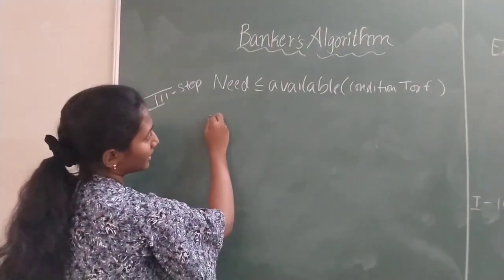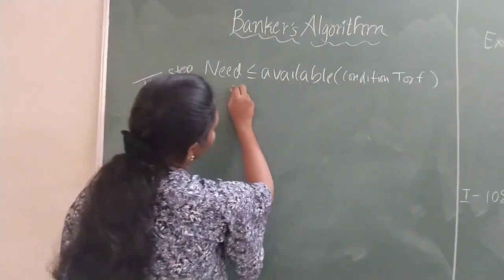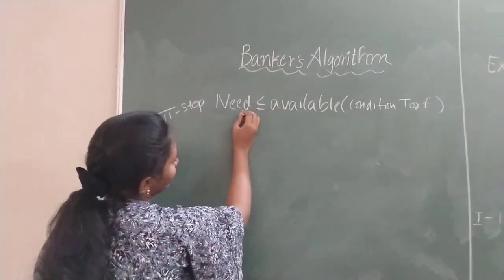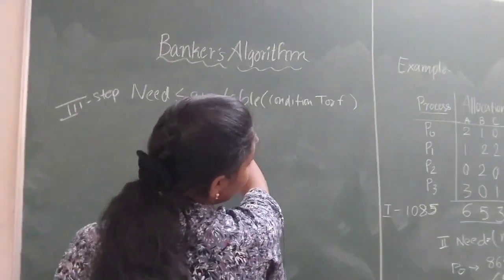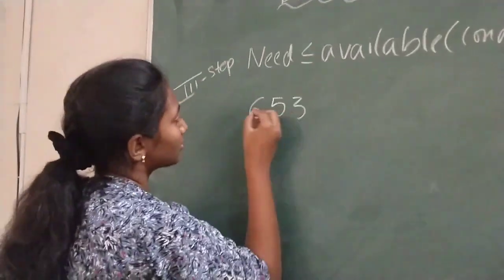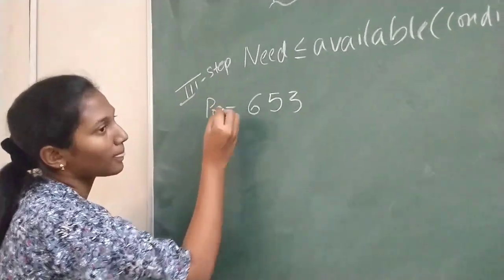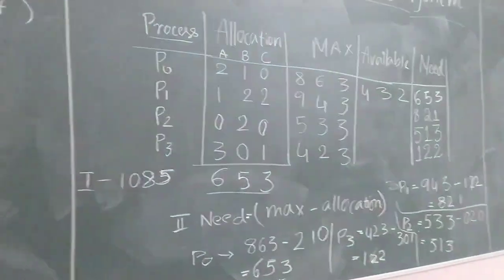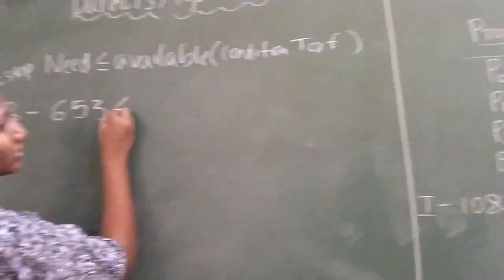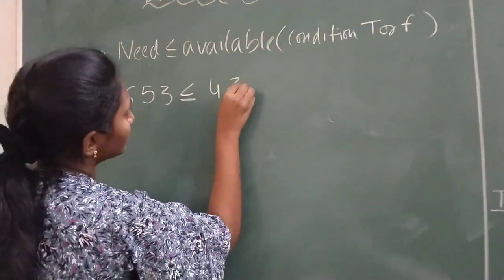So the third step is we need to check whether the condition is true or not, where the need is lesser than the available. If here the need is 653, the first process, the available is 4 3 2.